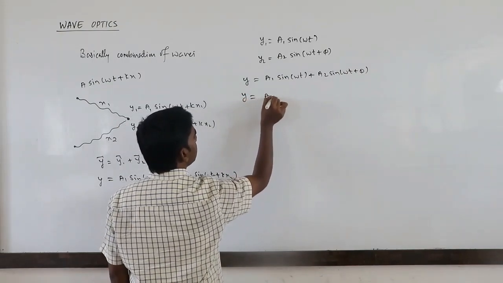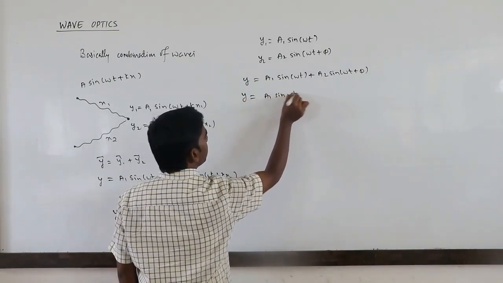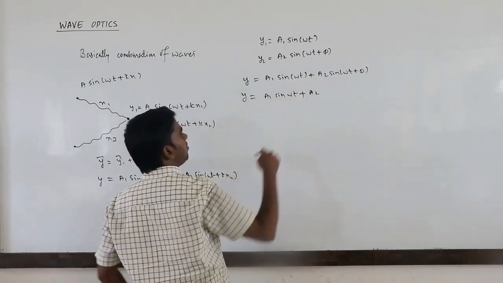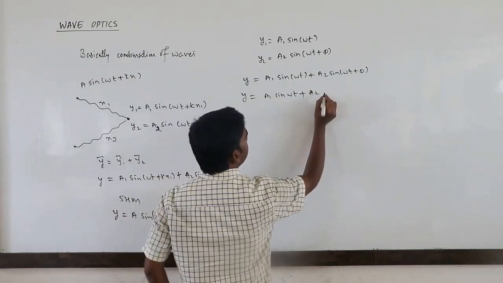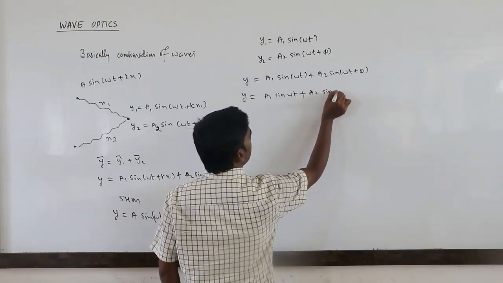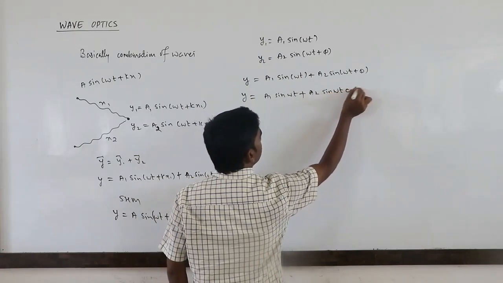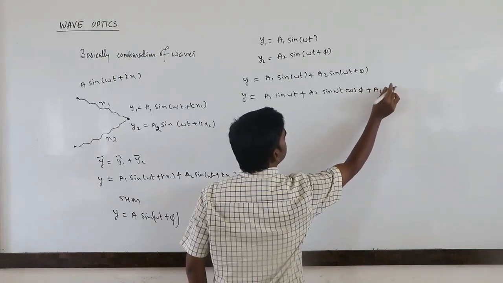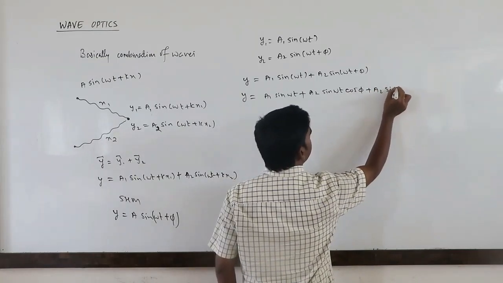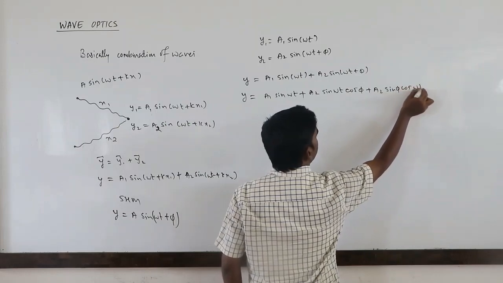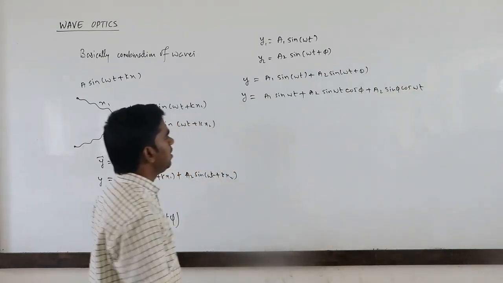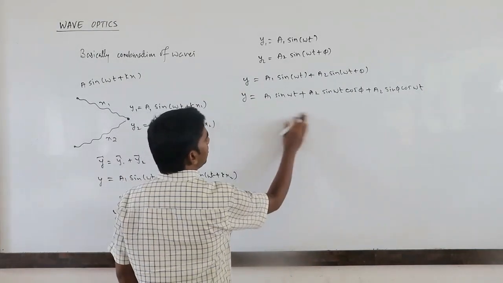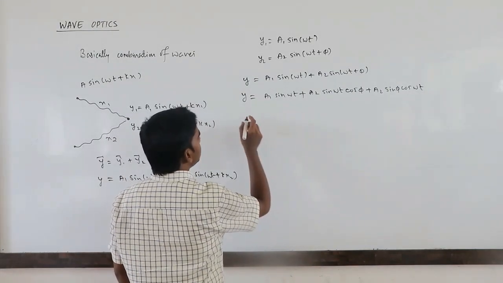Now you can write a1 sin omega t plus a2, and sin(a plus b) becomes sin a cos b plus cos a sin b. So a2 times sin omega t cos pi plus cos omega t sin pi. Now let us collect the omega t terms on one side.